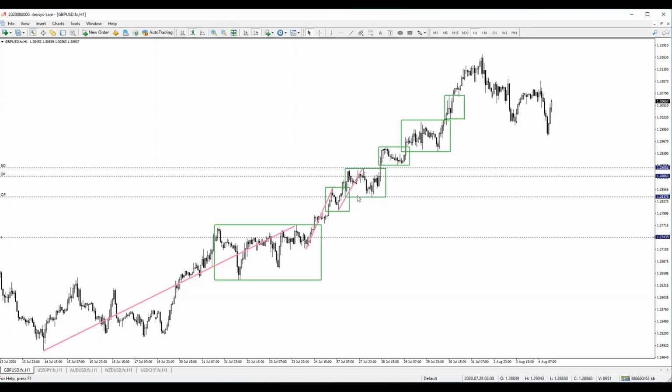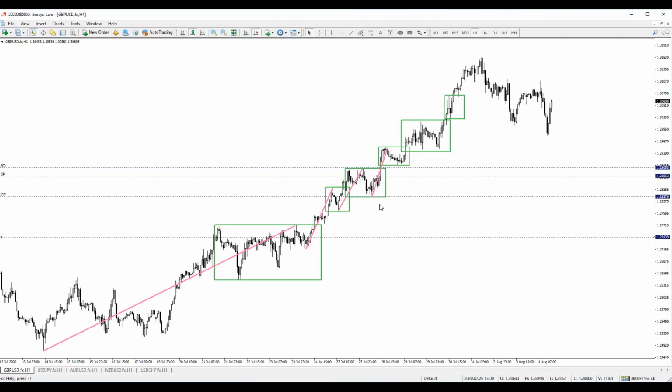The origin of the current flag is not marked, let's mark it. The origin of the flag is from here to the top. That's the flag. So the region would be buying from here, and the stop loss can be very, very tight, only a few pips below that. If price goes down, then probably this won't work at all.